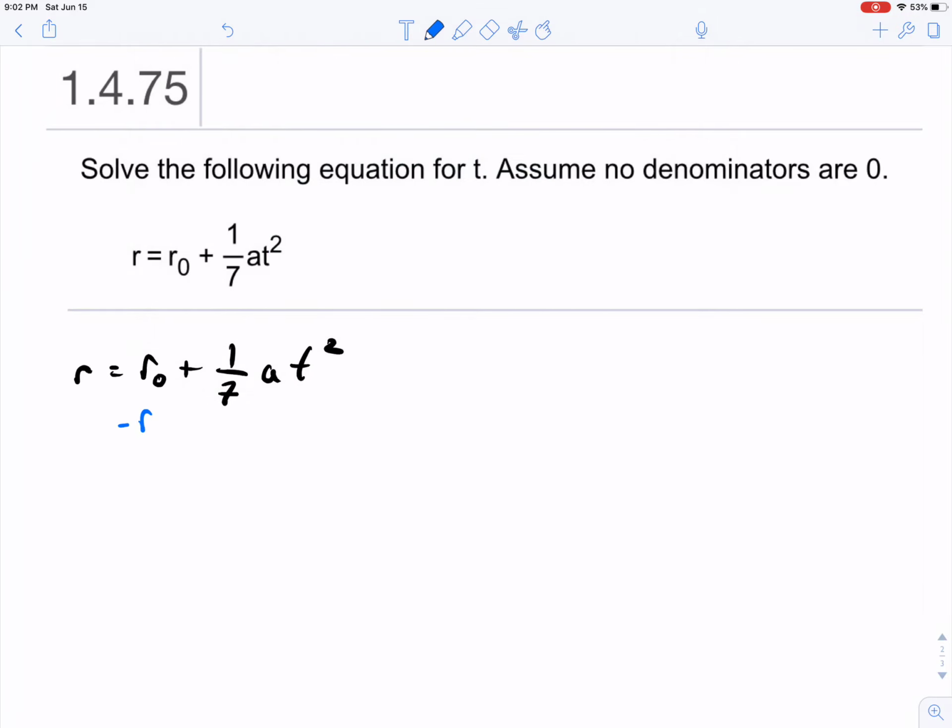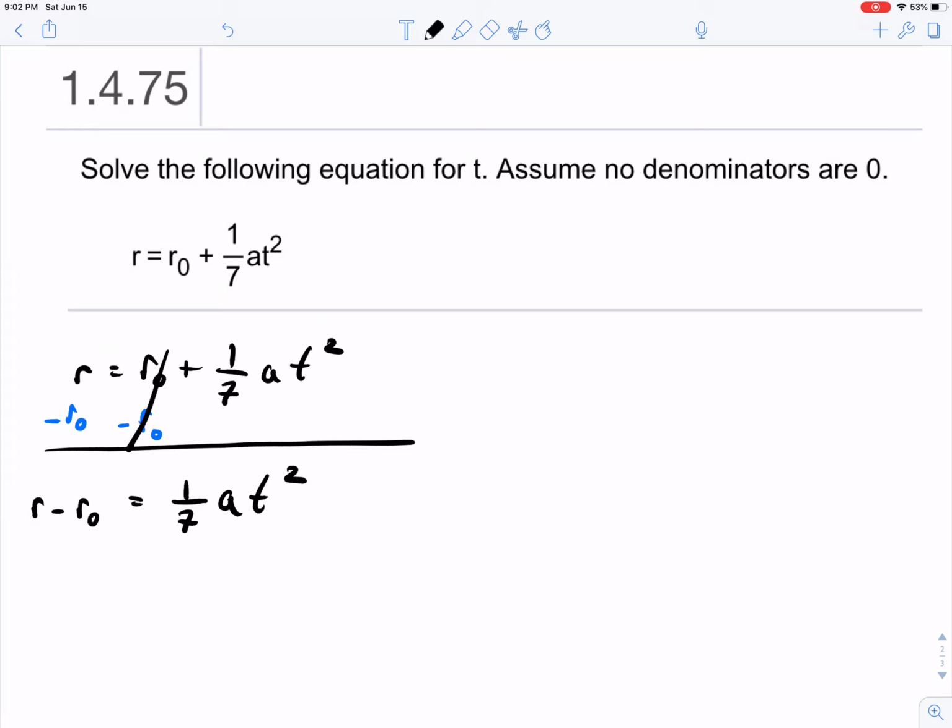So I'm going to start by moving this first. Whatever the answer is, we just leave it. You don't really combine terms here. So then we say r minus r naught equals, and then what's left on the right, 1/7 a t squared.